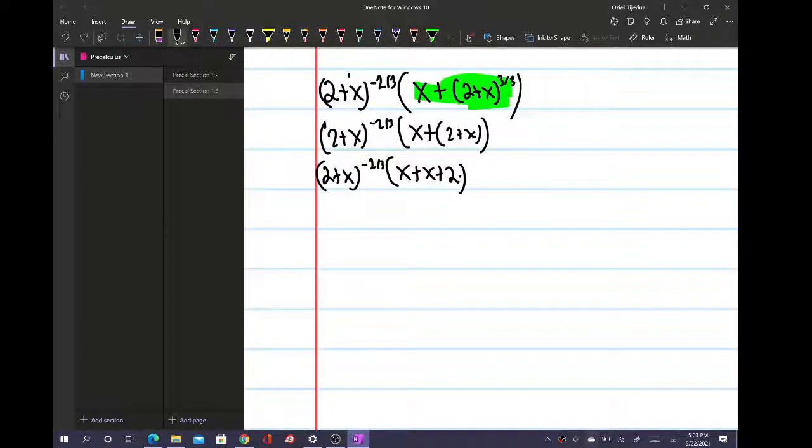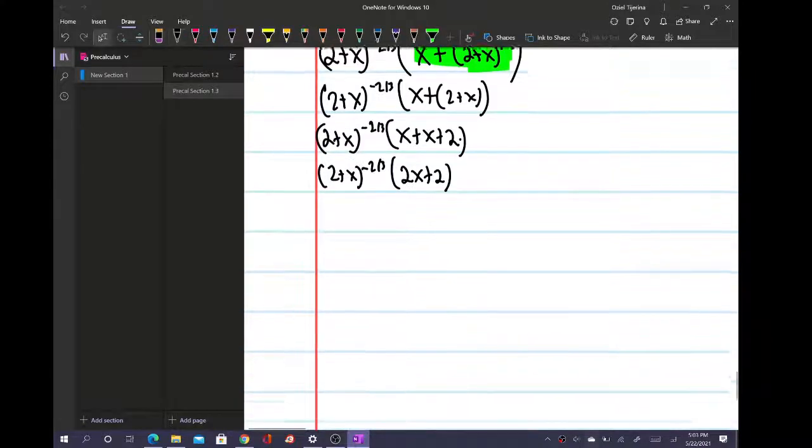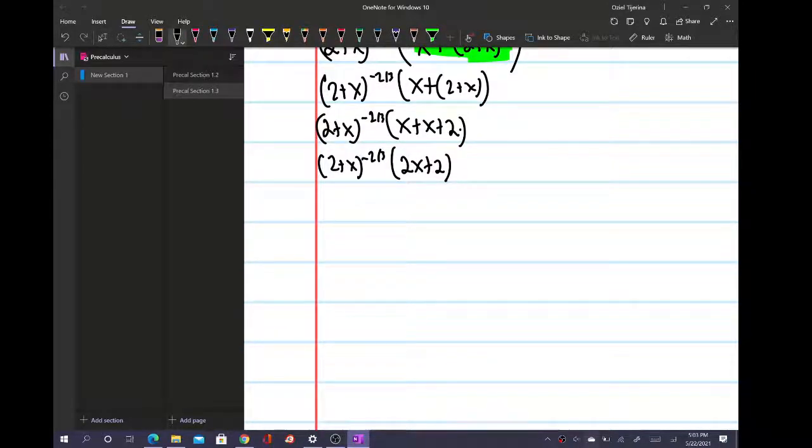And that means we're going to have 2 plus x to the -2/3 times x plus x is 2x, and then we have a plus 2 left over. Now, we can factor this. We can factor a 2 out of this, and we can say that this is 2 plus x raised to the -2/3 times 2 times the quantity x plus 1.